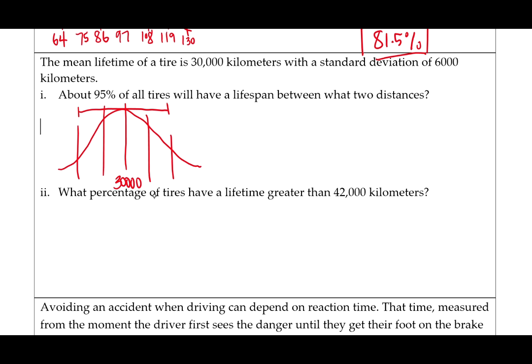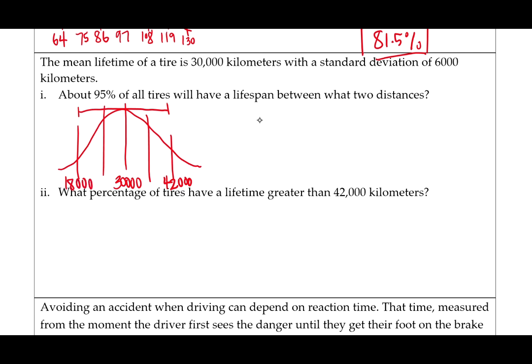So I'm going to take 30,000 and add 6,000 2 times. 30,000 plus 6,000 is 36,000, and then another 6,000 added on to that is 42,000. And then I'm going to take 30,000 and subtract 6,000 two times. So 30,000 minus 6,000 is 24,000, and then subtracting another 6,000 is 18,000.